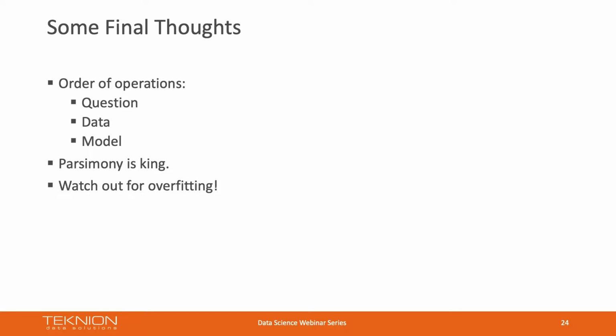Okay? And then the last one is watch out for overfitting. Now, this is really a lot more for when you're getting into the more complicated models, where you start doing weird things with your error structures and things like that, just to try to get a better model. This happens a lot in time series, that we do what's called overfitting a model. If you don't know what this is, you probably haven't done it before.